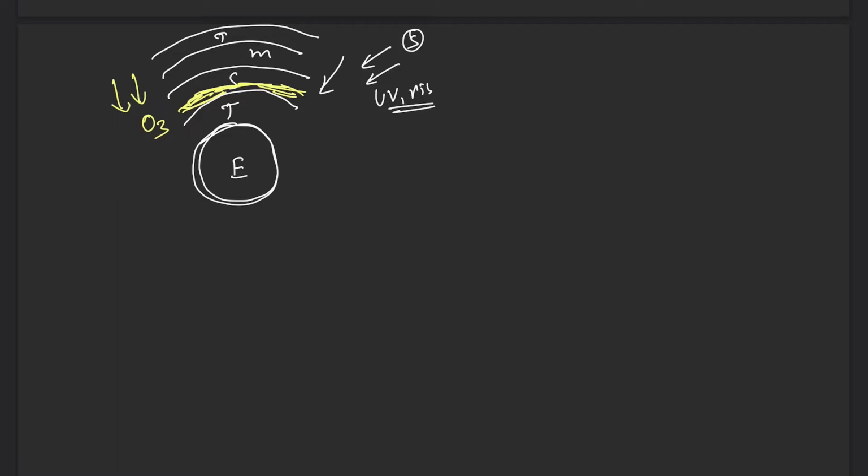UV rays are again classified into UVC, UVB and UVA. So UVC is the extreme short wave radiation of UV radiation, having higher energy. Short wavelength and high energy radiation, this is UVC.